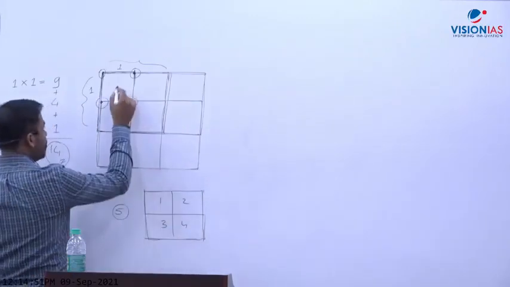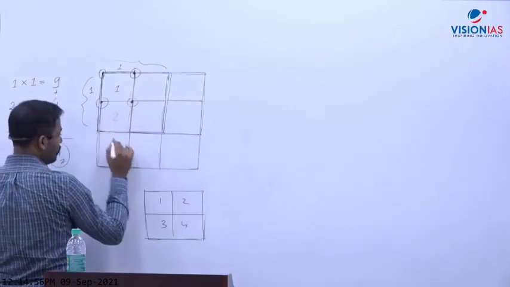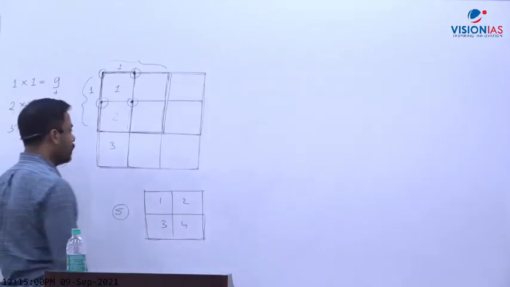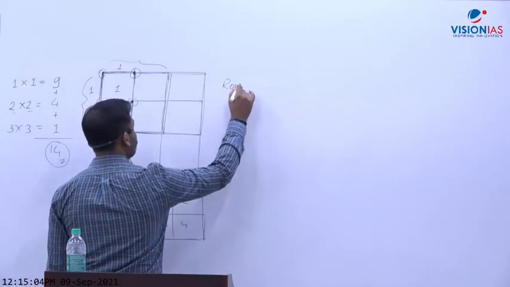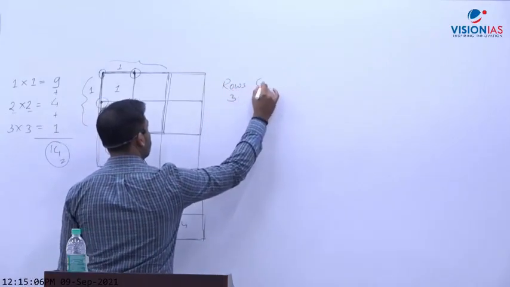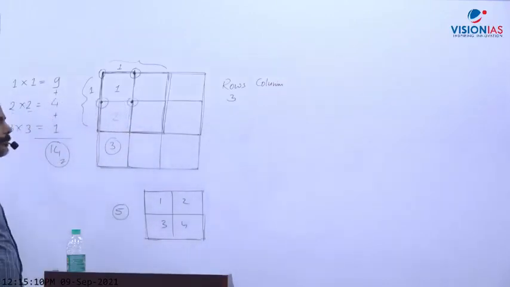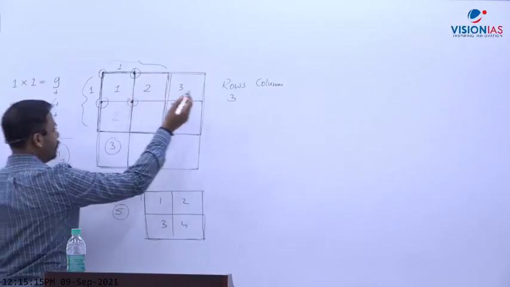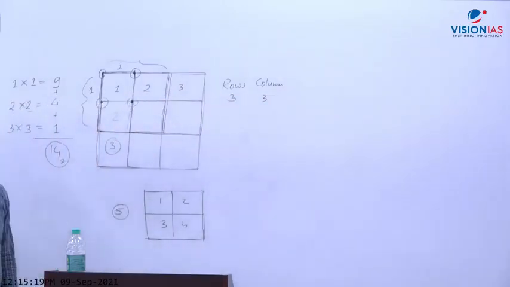How many squares are there in this row? So how many rows are there? You can say. In this particular figure, there are 3 rows. And the number of columns in this figure? How many columns of squares are there? So when we start counting columns, this is 1, 2, and 3. 3 columns are there. So 3 rows and 3 columns are there in this figure.